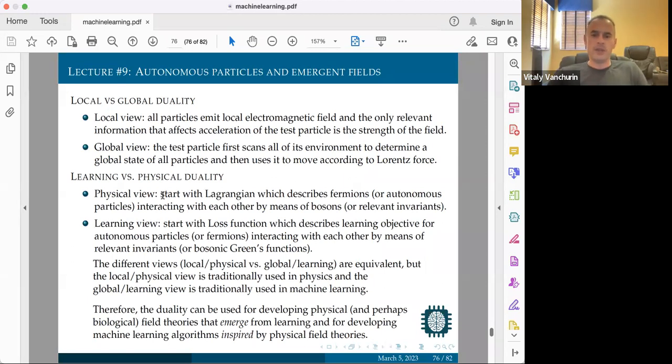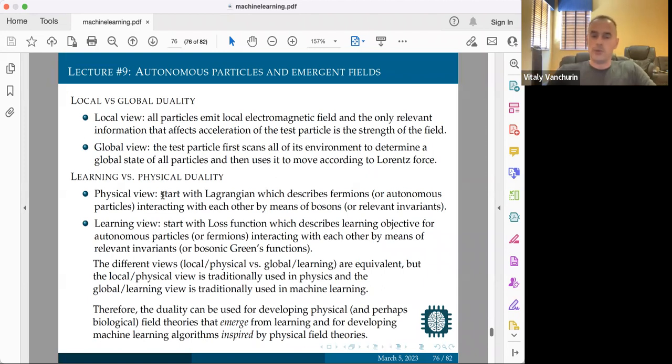And then the machine learning engineer would look at this and say, all right, so let's try to figure out what are the relevant invariants. Now, invariants are, again, something that you would have to convince yourself first that you should only look at, but that comes from the fact that you do want to help out the neural network to study only invariants, because if they're not invariants, they're not useful.